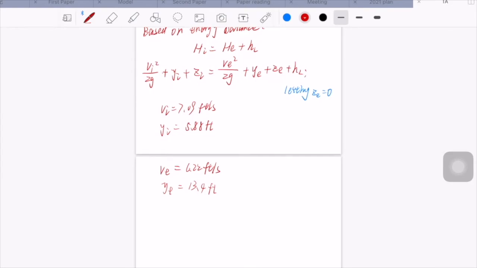So now we can determine that the ZI equals 8.84 feet. So this is the channel bottom height at the inlet.